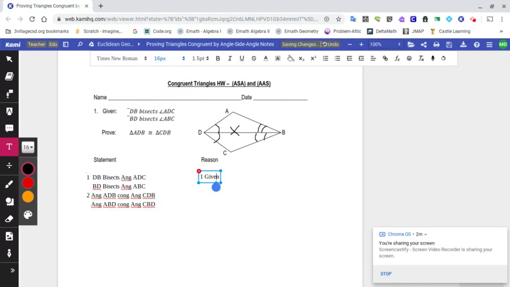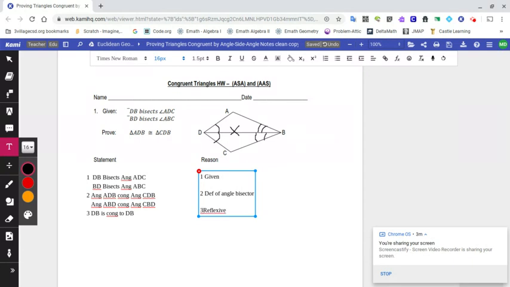That is by definition of angle bisector. Then 3, we're going to say that DB is congruent to itself. That's by reflexive. And this was a nice, easy proof.